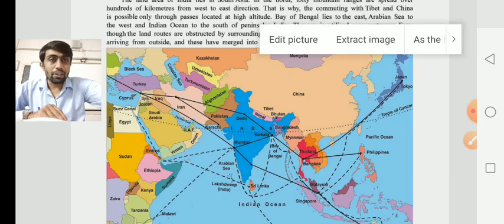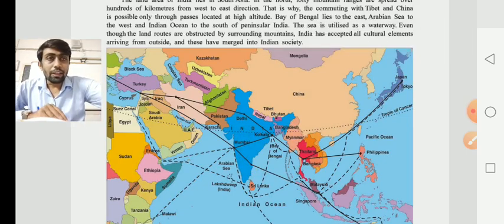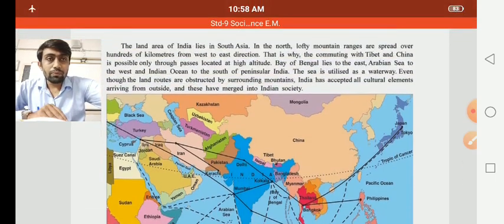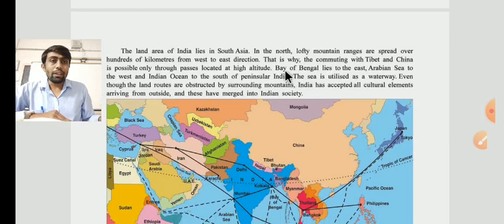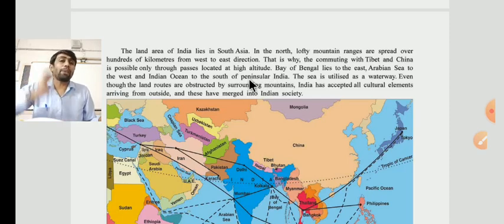So, dear children, the Bay of Bengal lies in the east direction, the Arabian Sea to the west, and the Indian Ocean to the south of peninsular India, in the southern part of peninsular India. And you know very well what the meaning of peninsular is. Peninsular means द्वीपकल्प.